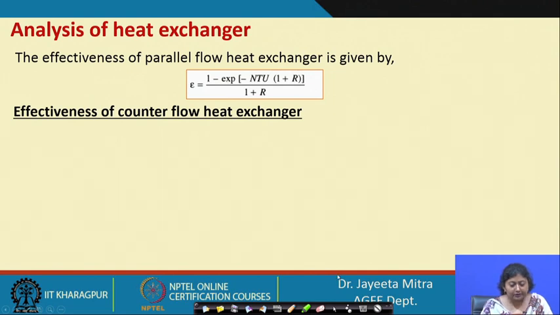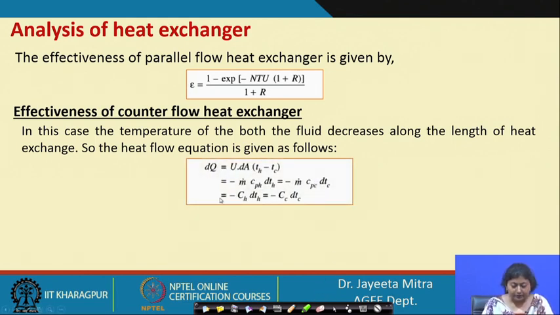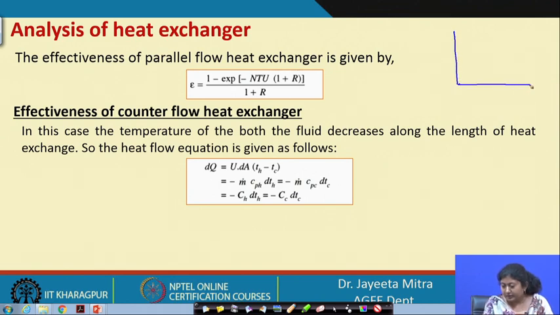So effectiveness for counter flow heat exchanger will be derived in a similar fashion. The temperature of both the fluids decreases along the length of the heat exchanger. So the heat flow equation is given as follows. Here the configuration of the system is such that the temperature profile, if we draw it, will be kind of this.